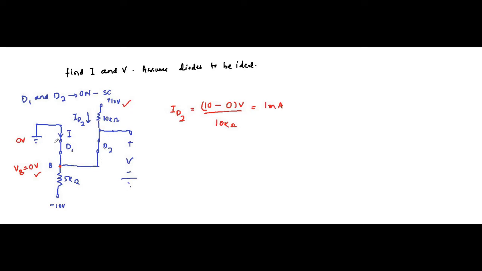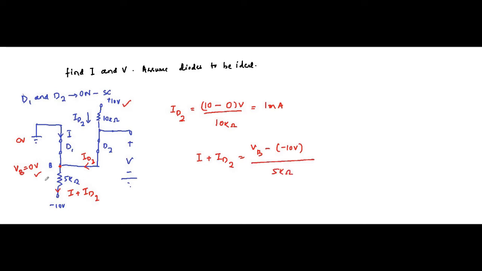Here it is ID2. Here it is I, the current I flowing. Total here it is I plus ID2. So I plus ID2 is equal to (VB minus minus 10 volt) divided by 5 kilo ohm.